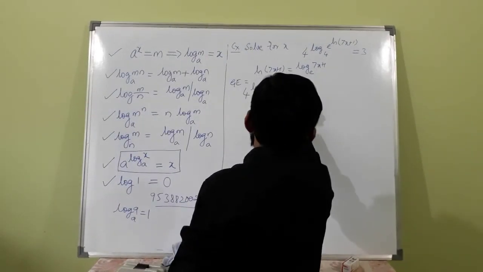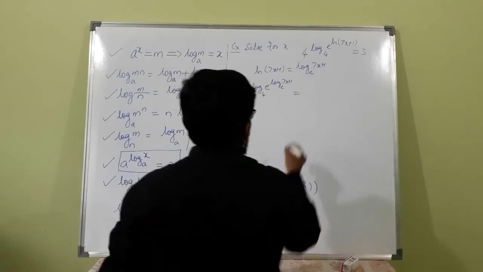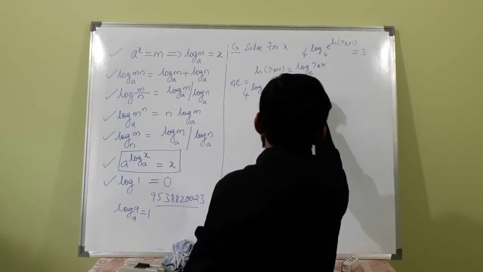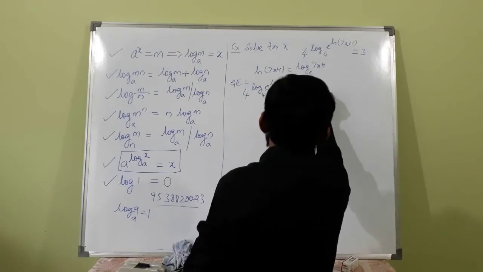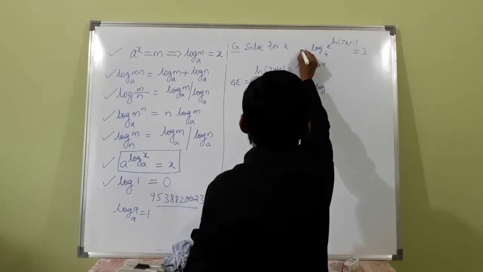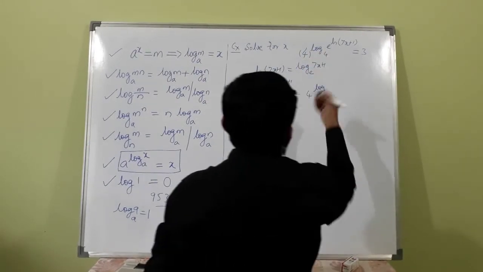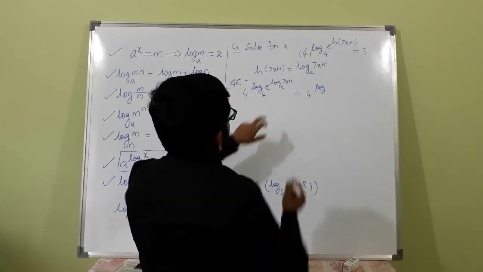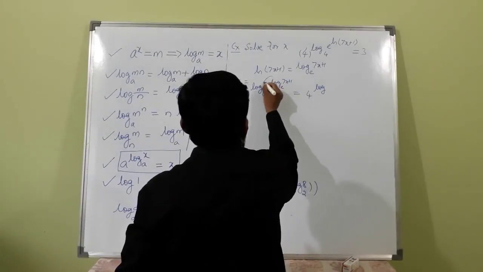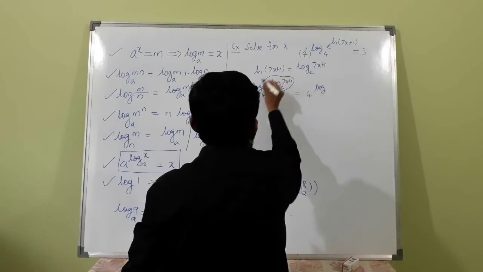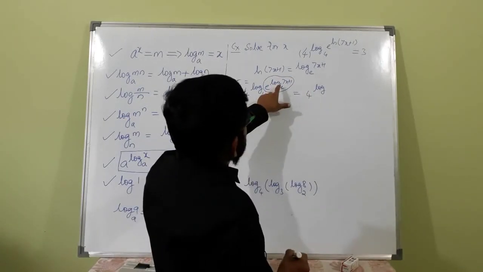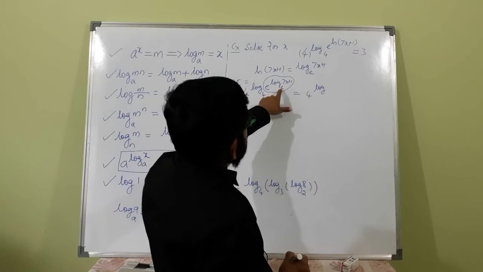This is equal to 4 to the power log of, so this is power, not into, 4 to the power log of e raised to log 7x plus 1 to the base e.